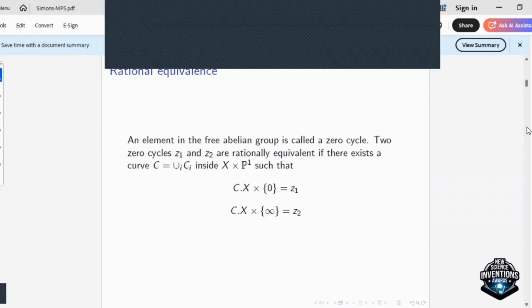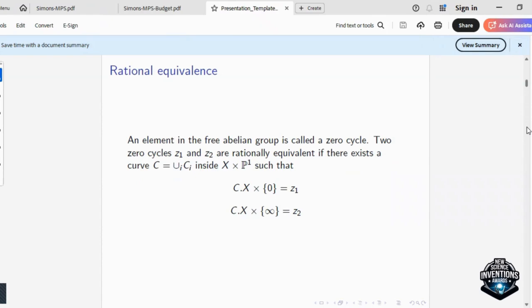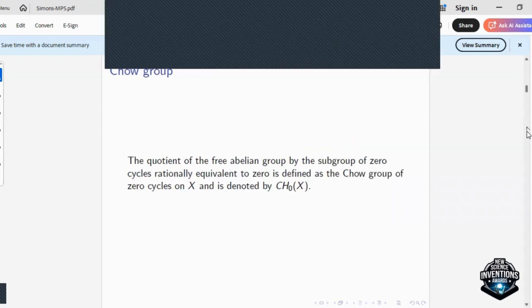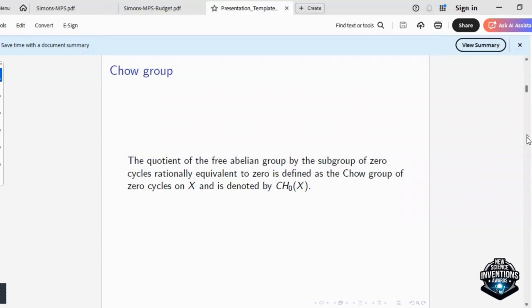An element in this free abelian group is called a zero cycle, and two zero cycles are rationally equivalent if there exists some curve, maybe reducible, on X cross the projective line, such that if you intersect with the fiber over 0, it will be the zero cycle z1, and if you intersect with the fiber over infinity, it will be the other zero cycle. The quotient of this free abelian group by this subgroup of cycles rationally equivalent to zero is called the Chow group of zero cycles, denoted by CH_0(X).